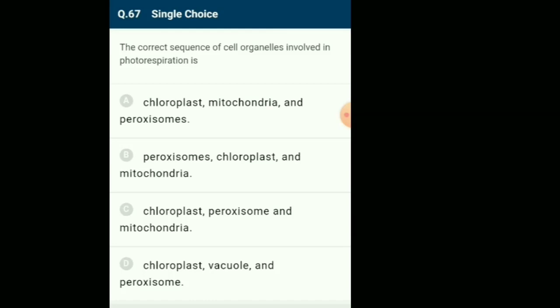Photorespiration occurs only in C3 plants because at high temperature and high oxygen concentration, RuBP carboxylase changes to RuBP oxygenase. So the answer for this question is option C. It takes place in chloroplast, peroxisome and mitochondria.